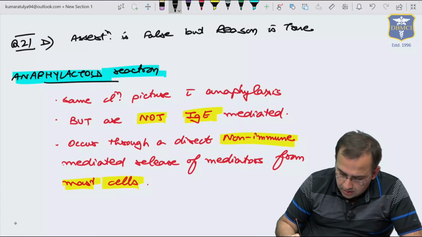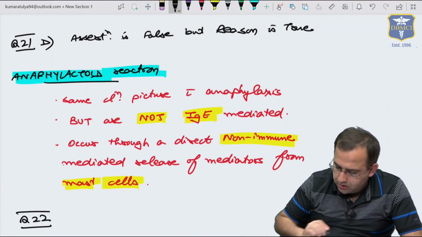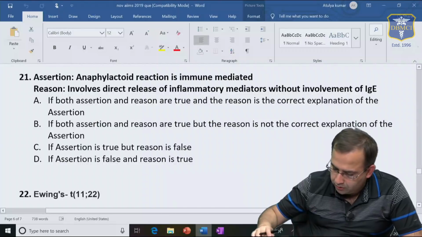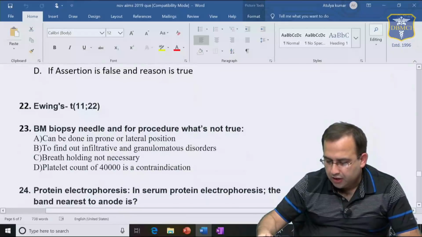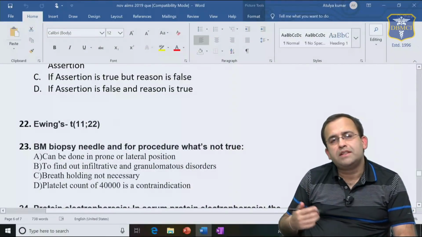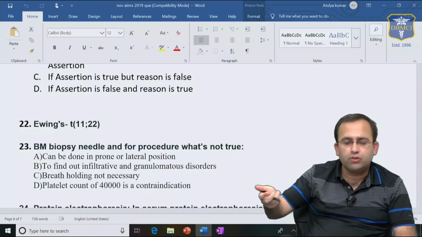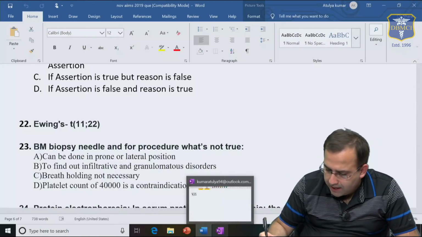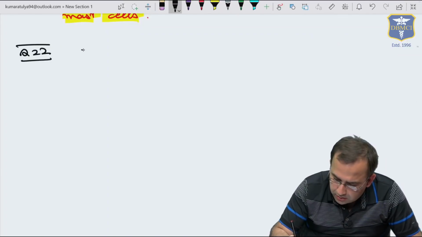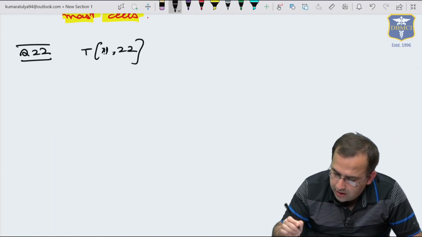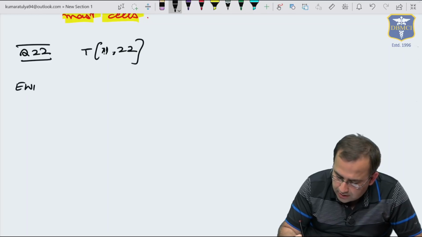Next, this gets us to question 22. Ewing sarcoma. Now I do not have the exact question with me, but what I have been told is you were asked the translocation associated with Ewing's, and the answer is translocation 11;22.